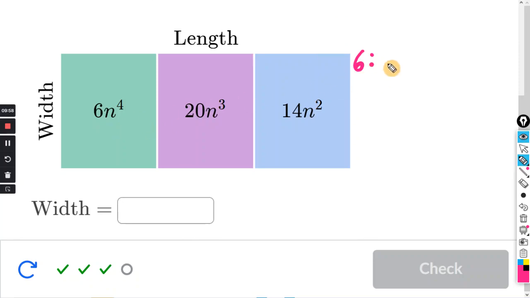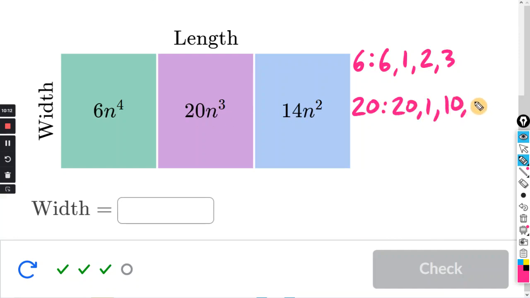Okay, the factors for 6, we have 6 times 1 and 2 times 3. For 20, we have 20 times 1, 10 times 2, 4 times 5, and I think that's it. And for 14, we have 14 times 1 and 7 times 2.